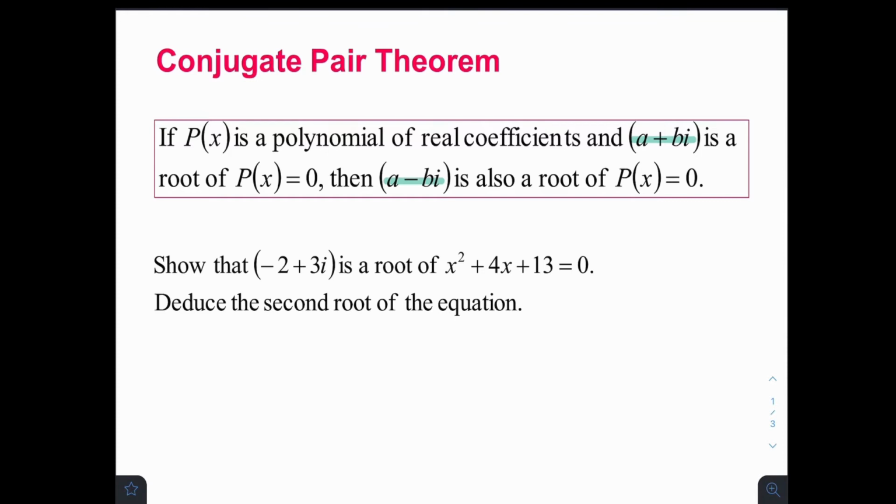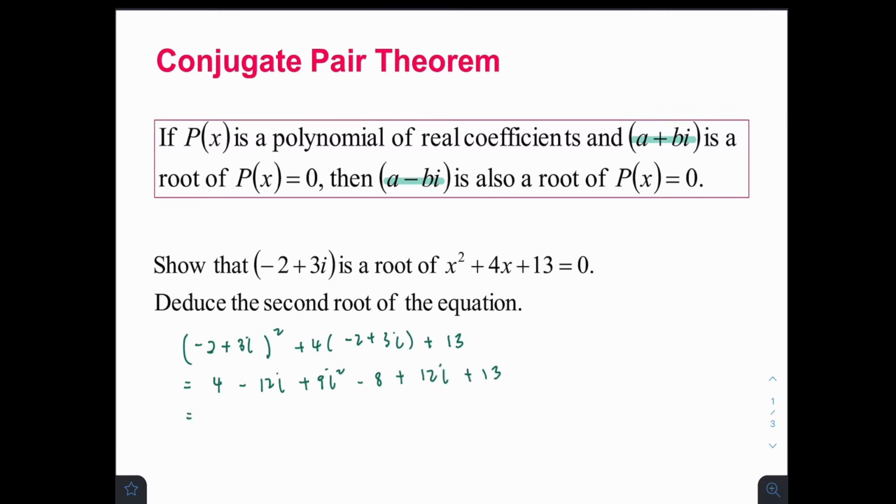So what we need to do now is just substitute negative 2 plus 3i into the x, plus 13, and show that it's equal to 0. So what to do is you have to open up the square. Negative 2 plus 3i, when you square it, you get 4 minus 12i plus 9i squared, minus 8 plus 12i plus 13.